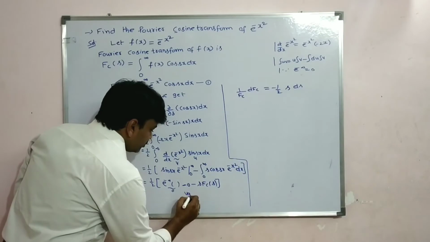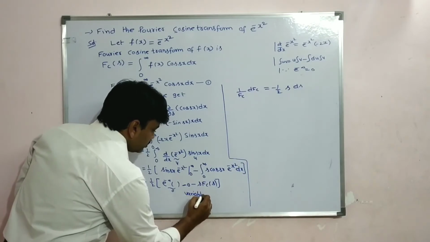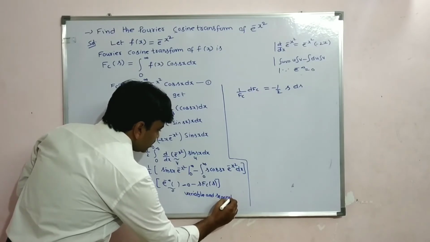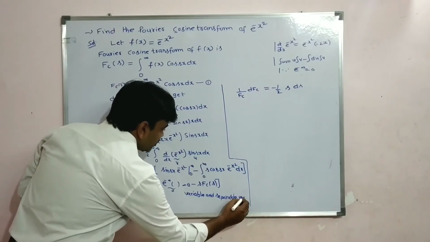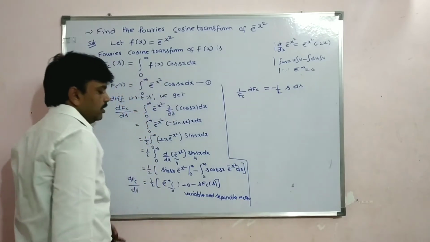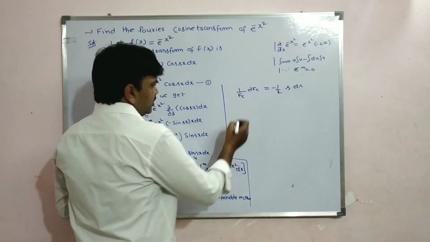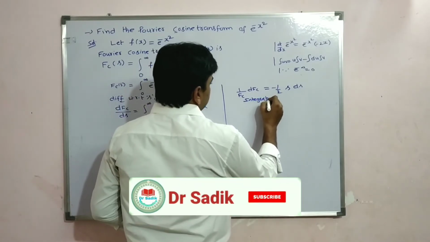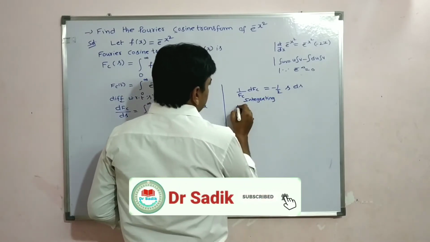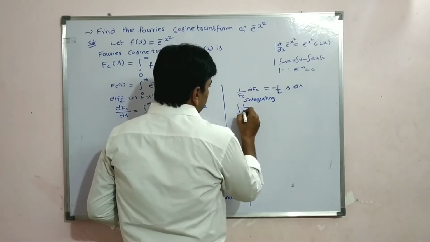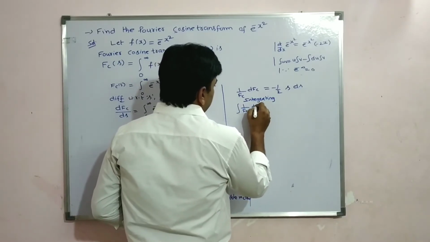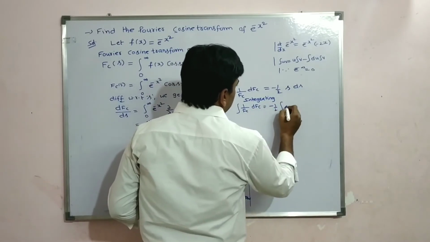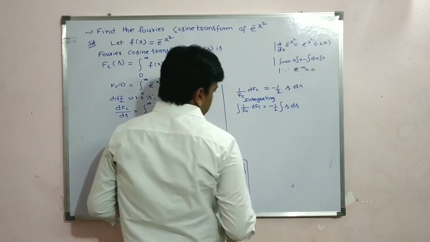Now simply integrate, students. The integral of 1 by Fc dFc is equal to minus 1 by 2, which is constant, times the integral of s ds.